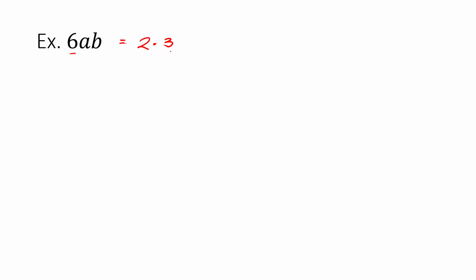So, we leave it as is. Now we move on to the next variable, b. B is also the same, so we leave it as is. So we simply rewrote 6ab as 2 times 3 times a times b. You're putting multiplication dot in between all of them, okay?